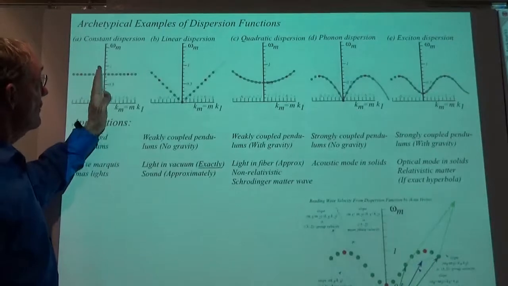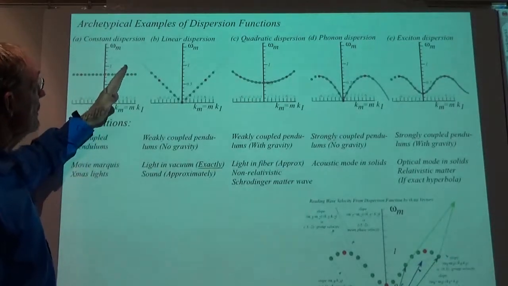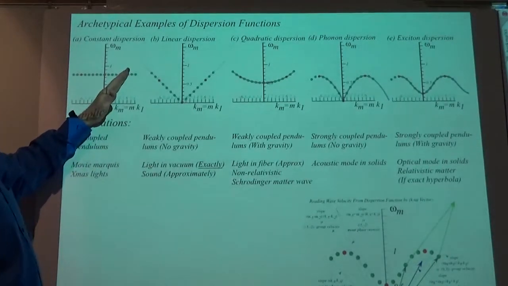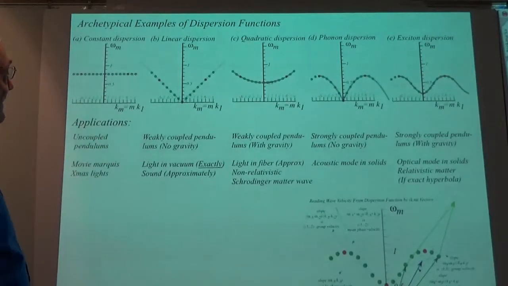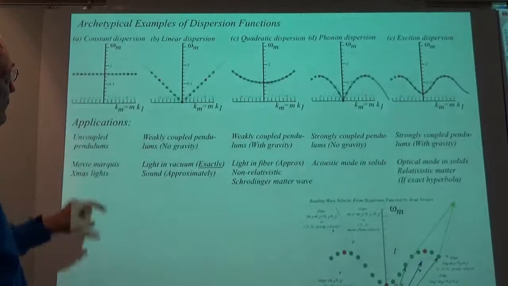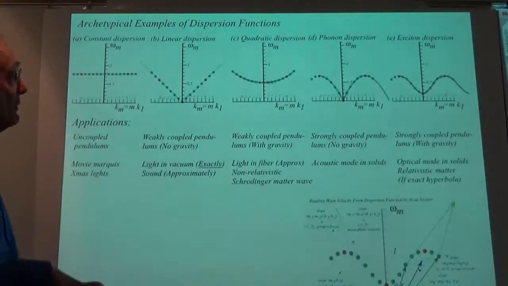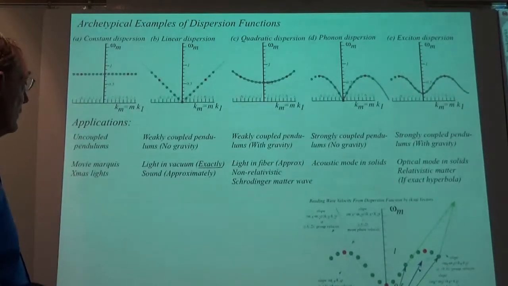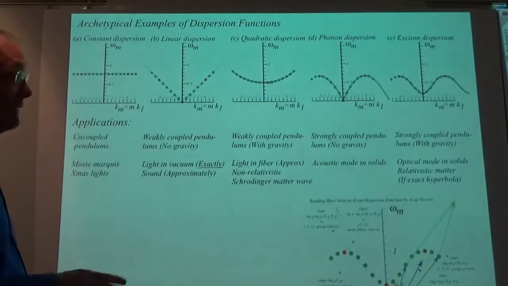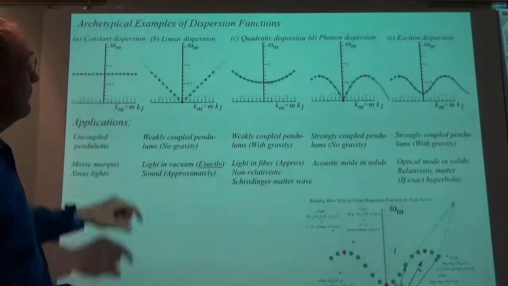Then as I tip myself over like this, I start to get something that's less than infinite. So, uncoupled pendulums. You can set any sort of distribution you want, and these pieces will all go to different speeds. And it's kind of fun just to play with this system.